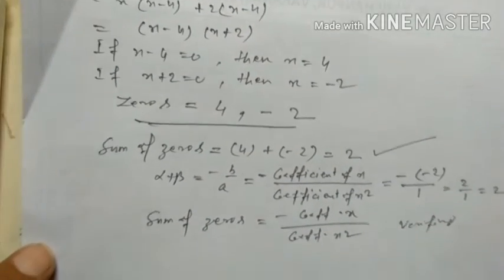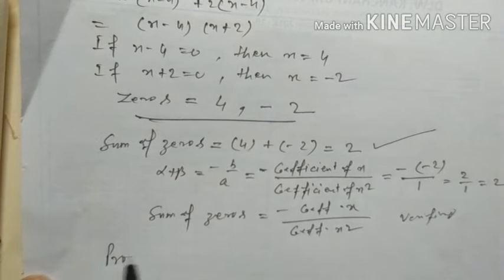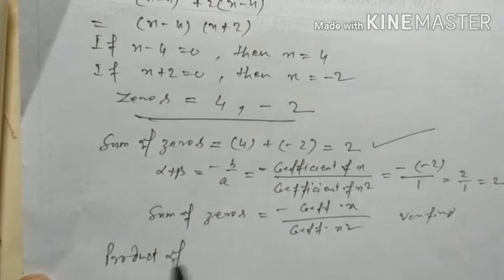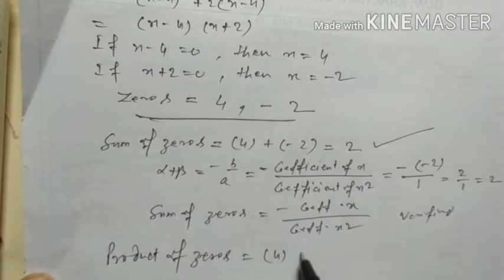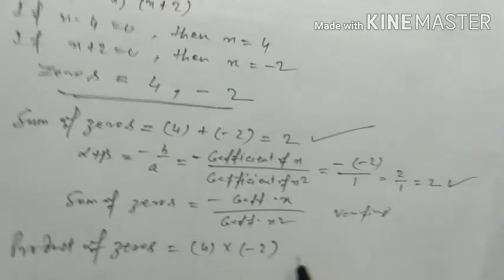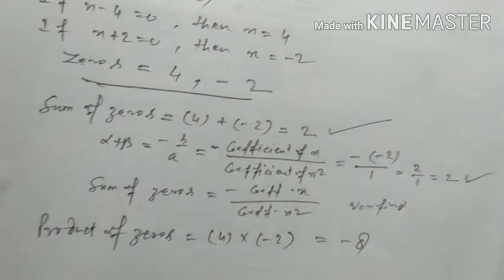And second, product of zeros equal to 4 into minus 2. This becomes minus 8.